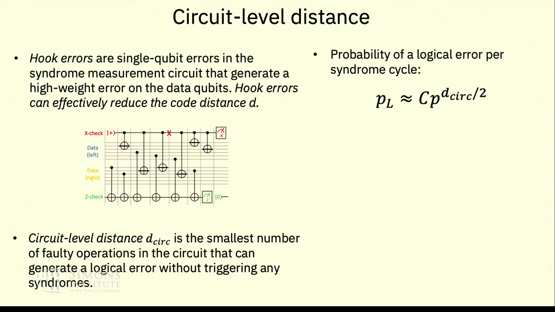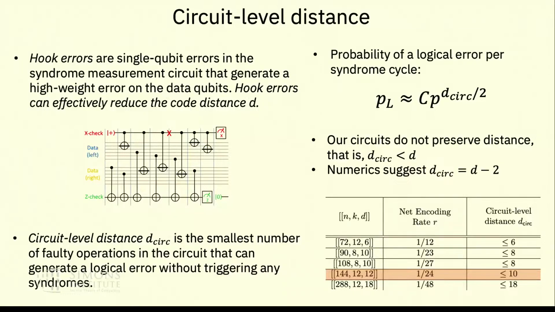Empirically, this is why we want D circuit to be as large as possible, and it's upper bounded by the code distance D. D circuit is less than or equal to D in general, and for our circuits, D circuit is actually less than D. We observe that D circuit is roughly D minus 2, at least as far as we can tell up to the 144 code. And we can estimate these circuit level distances by running our decoder on the circuit.